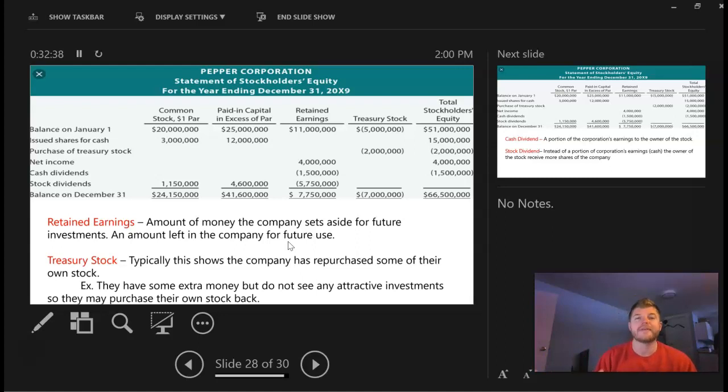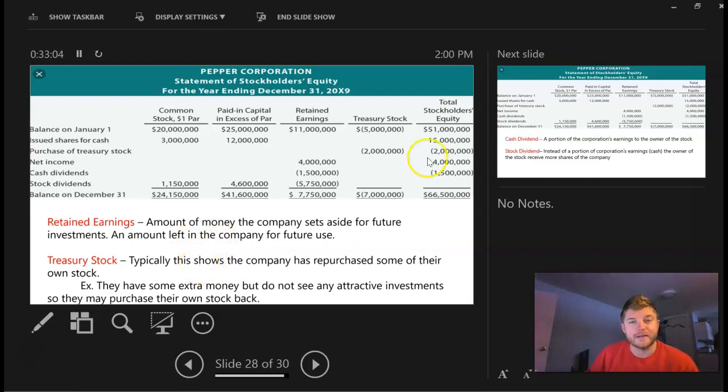But usually what they do is that they hold on to some of those earnings, just because they might have some costs coming up. Maybe they need to buy new vehicles or buy a new piece of property, or they need to invest in new technology. Who knows what it is, right? There's lots of things a company might need available cash to do. So retained earnings is them holding on to some of that money for future investments.